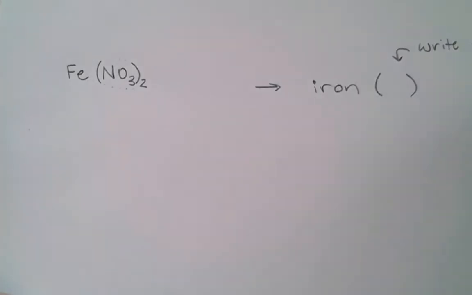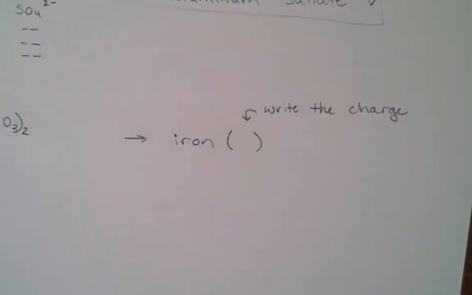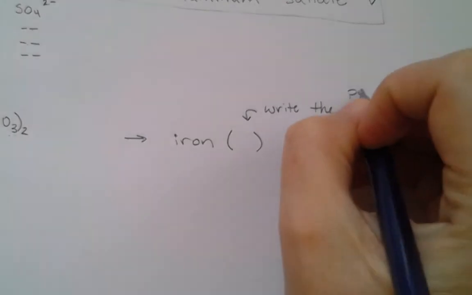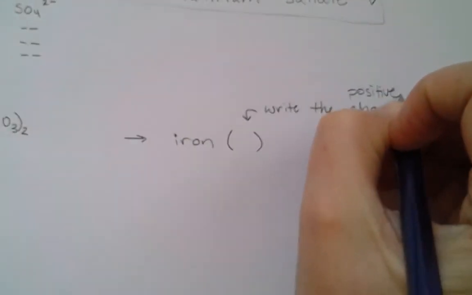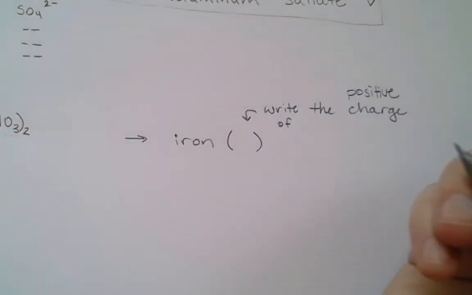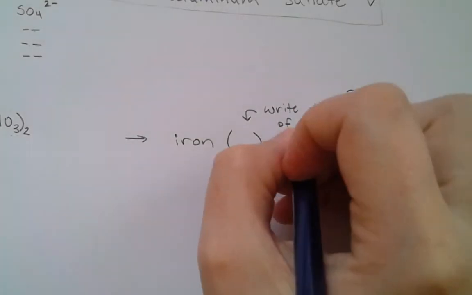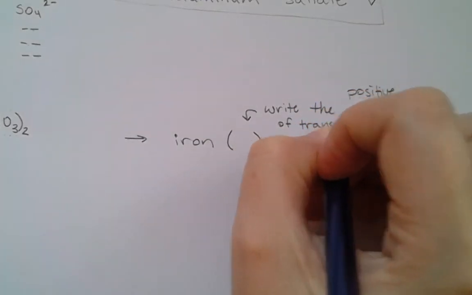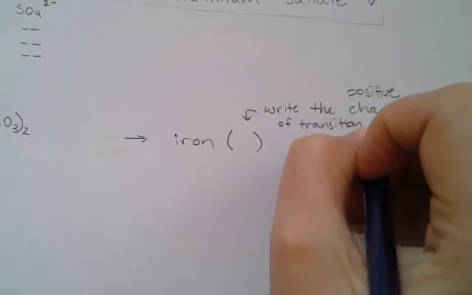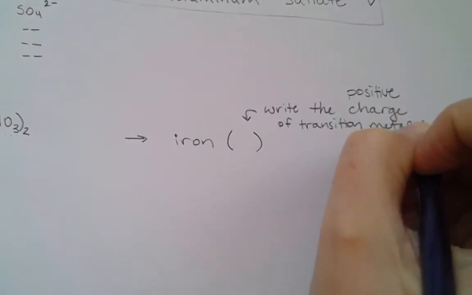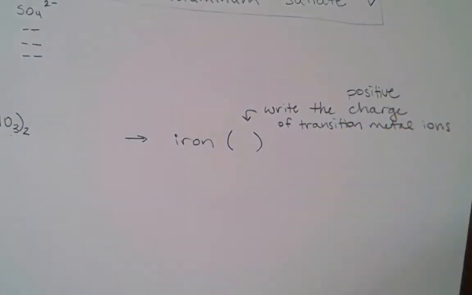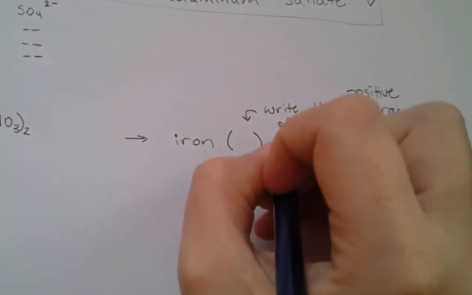Write the positive charge of transition metal ions as a Roman numeral.